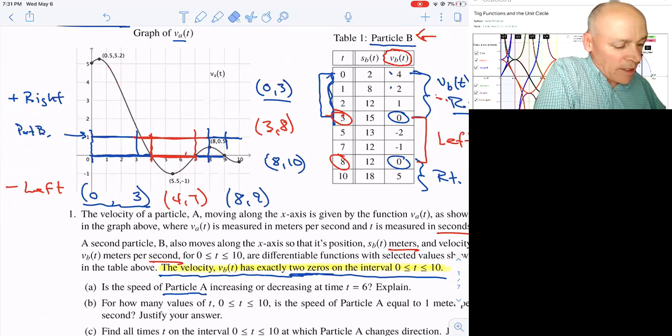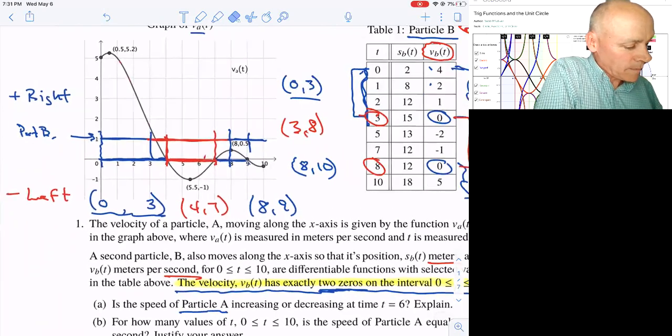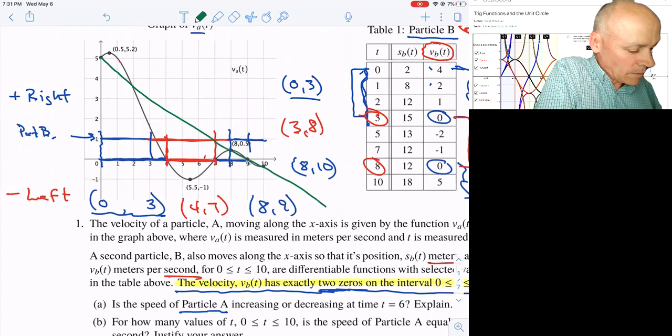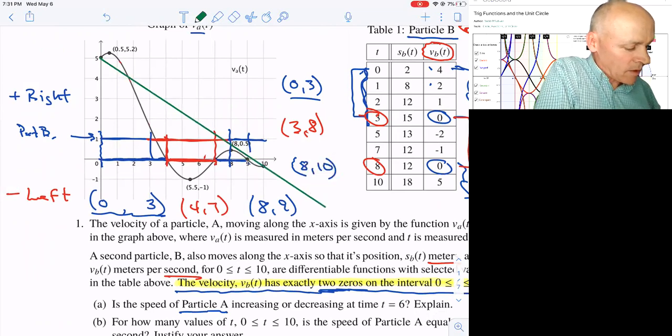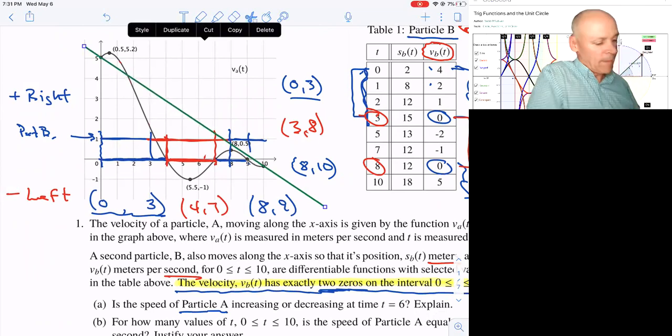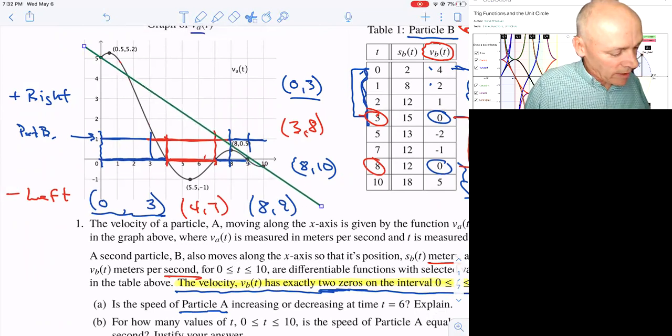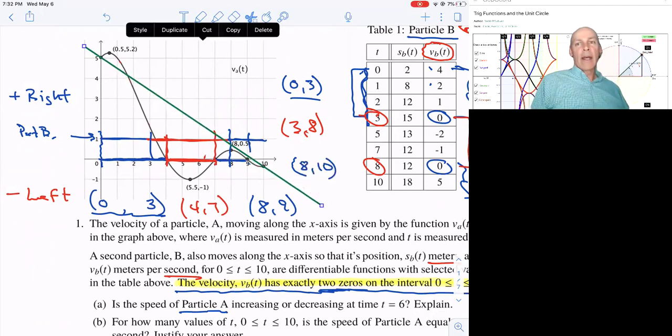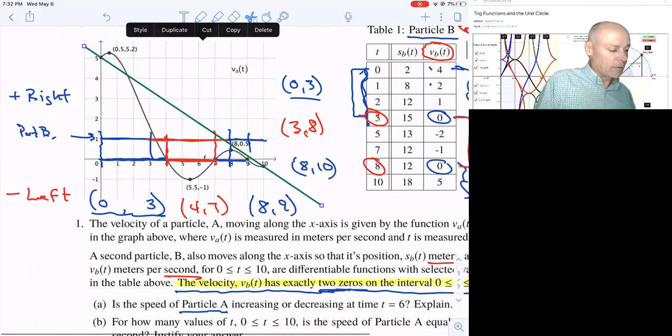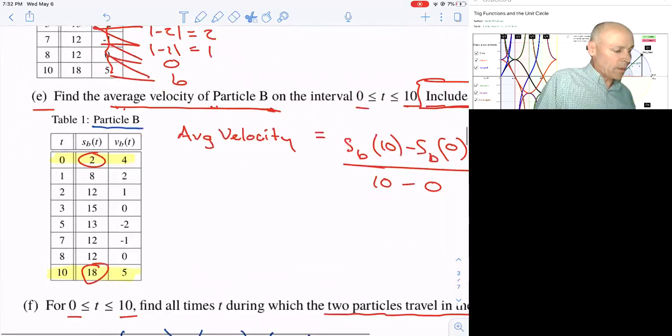Maybe an even easier way to look at this would be to draw a secant line that's going to go from my endpoints. The slope of that green line that I just drew there, that's a secant line that goes through my endpoints. That slope is my average acceleration over that interval. Just want to make sure, check my interval.